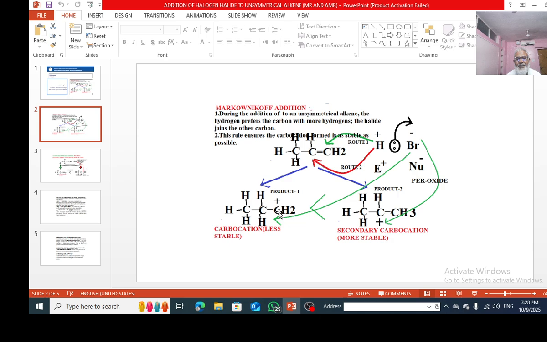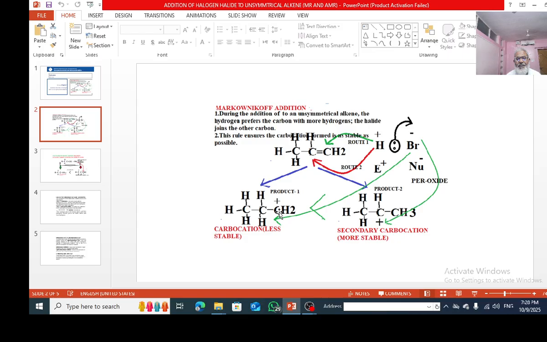That is, hydrogen will attach to this. Hydrogen prefers the carbon with more hydrogen.